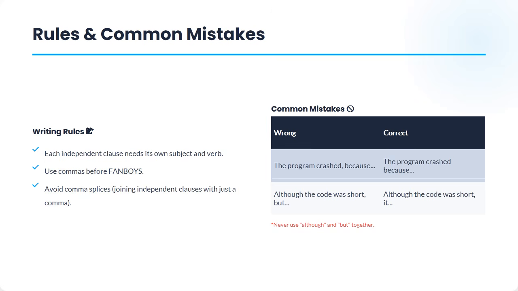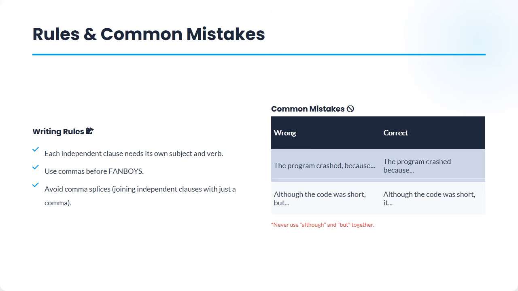So, there are rules and common mistakes that you need to avoid. Each independent clause needs its own subject and verb. Use a comma before the FANBOYS conjunctions and avoid comma splice, joining independent clauses with just a comma.